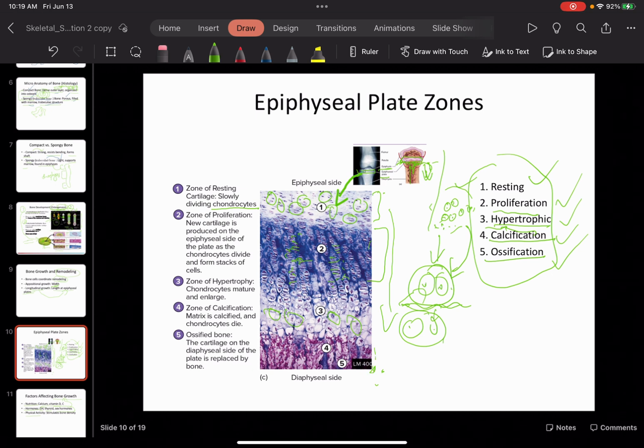Then the fifth zone is where the bone is ossified. The cartilage on the diaphyseal side of the plate is replaced by bony structure. You see a lot of calcium here, bone formation happening this way. Then the epiphyseal plate becomes a remnant, just a line there.